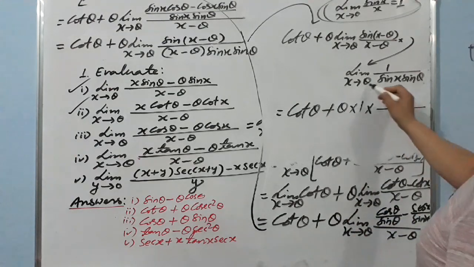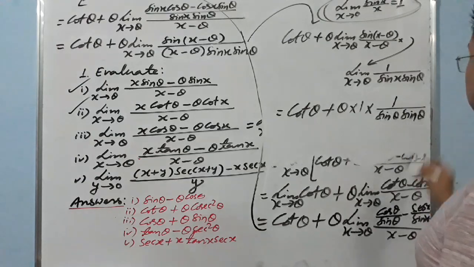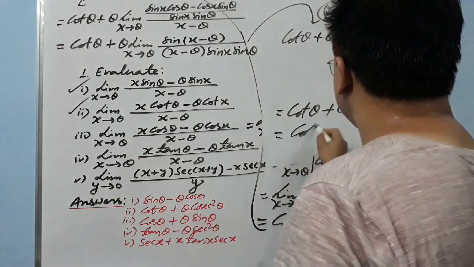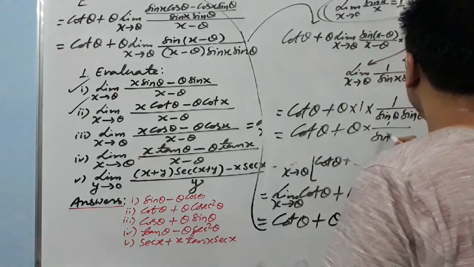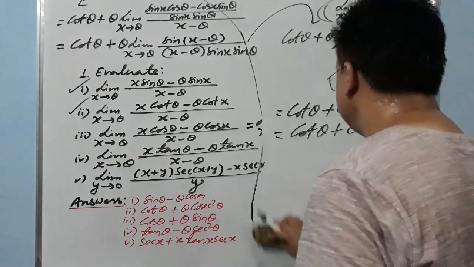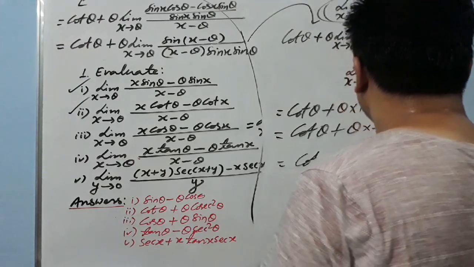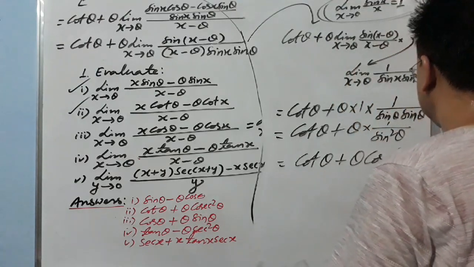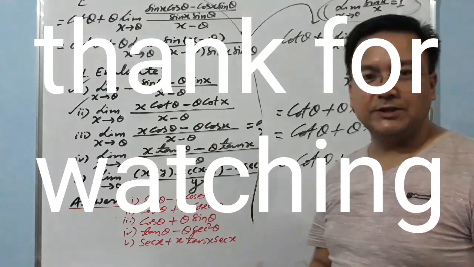And here sin x becomes sin theta, which is already constant, right? And you will get here cot theta plus theta times 1 upon sin square theta. And finally you will get cot theta plus theta cosec square theta. So this is the limit of this function, okay?